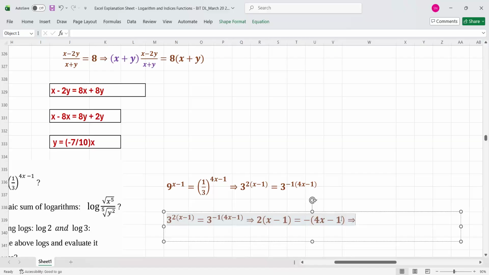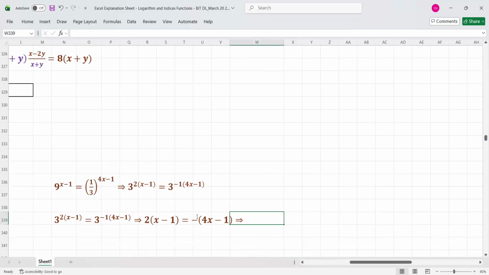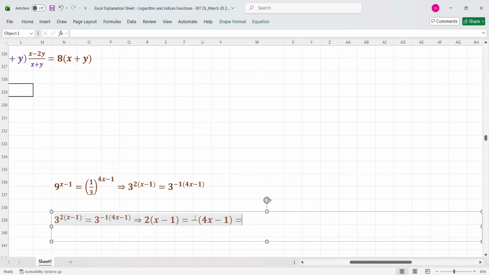On the left, we are going to get 2x minus 2. And then on the right, we get negative 4x plus 1. Great, so let's group like terms.